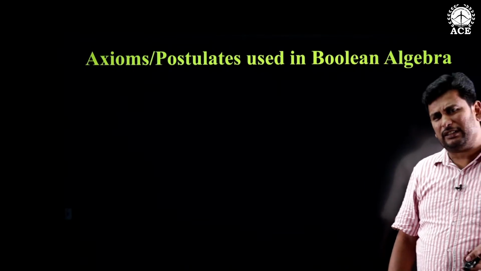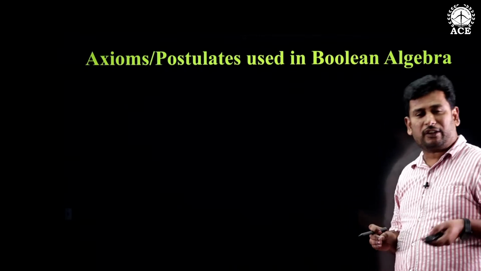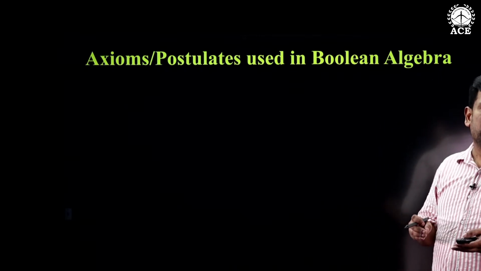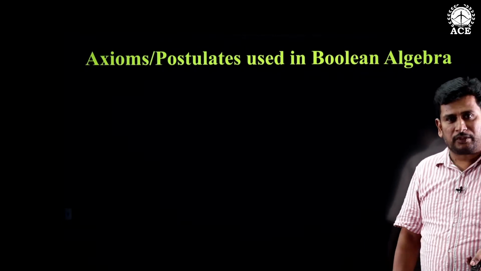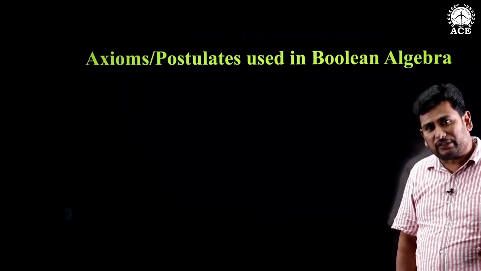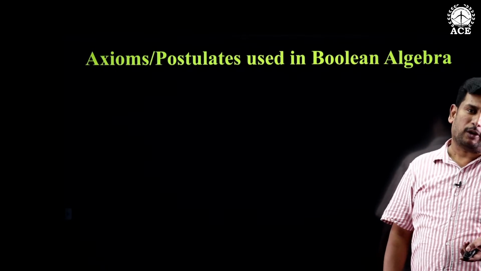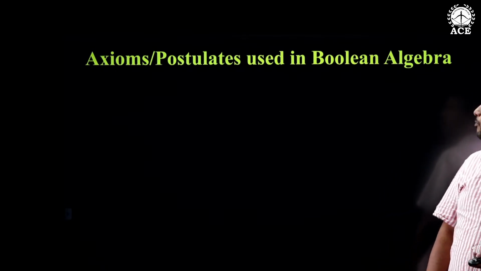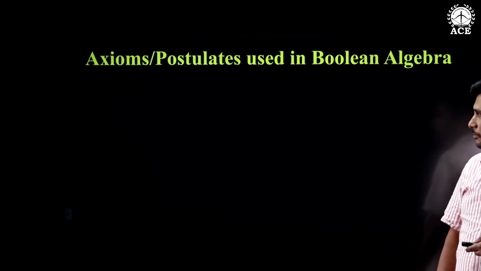There is a popular dialogue: there are no certain things like laws or guidance. It's a belief. It's something we should adopt without any proofs. So the concepts which we adopt or practice without proofs, you call them axioms and postulates. Let us look at some of the popular axioms and postulates which we are using in our Boolean algebra.